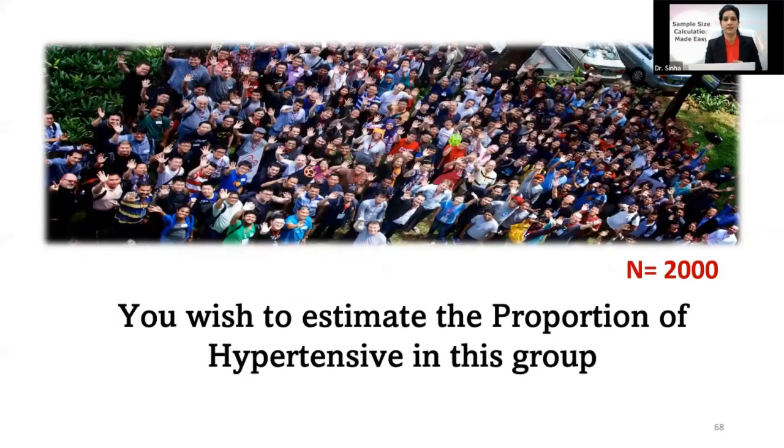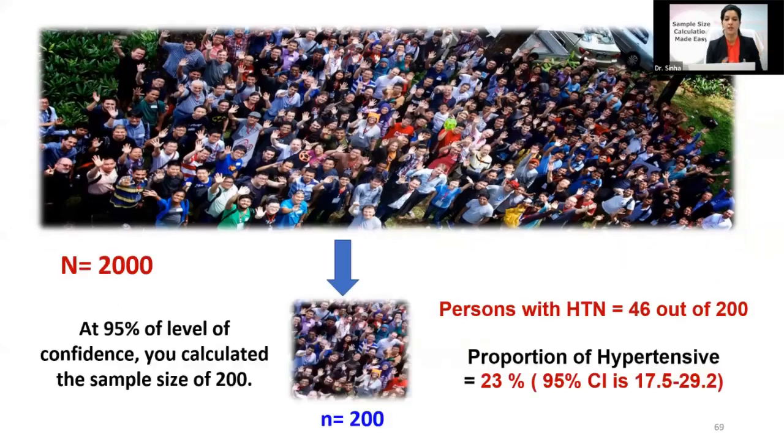Like in this case, you can see this picture. This is a population of 2,000 people, and you wish to estimate the proportion of hypertension in this group. So this is my research question. I took 200 individuals from this population of 2,000, and at a 95% confidence level, I calculated that 46 out of the 200 people are hypertensive.